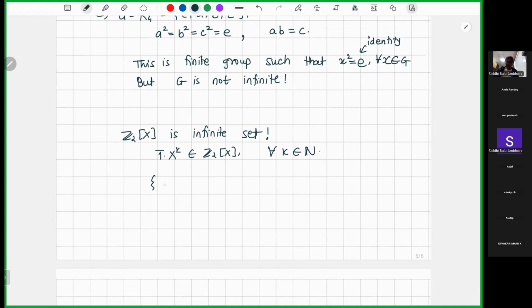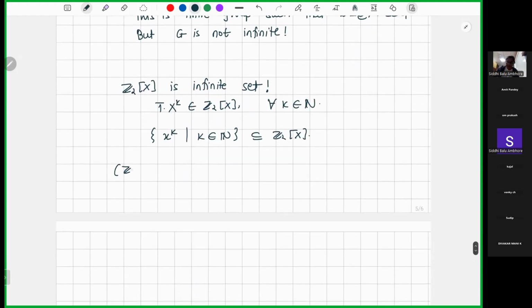So this is an infinite set. So if I take x power k, k belongs to N, this belongs to Z2[x]. And how does x square equal 1 here? Understand that we are not multiplying the polynomials. We are adding them. I am considering this Z2[x] under addition.